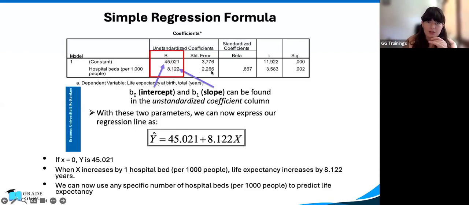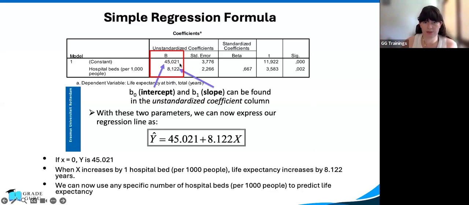So to find your B0 and your B1, when you get your SPSS output for regression, you're going to get 3 tables. Your coefficients table is your third one. And I want you to only pay attention to the unstandardized coefficients with the capital B column. You can see your constant is written there.